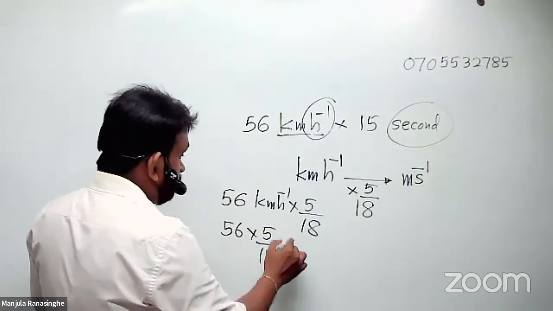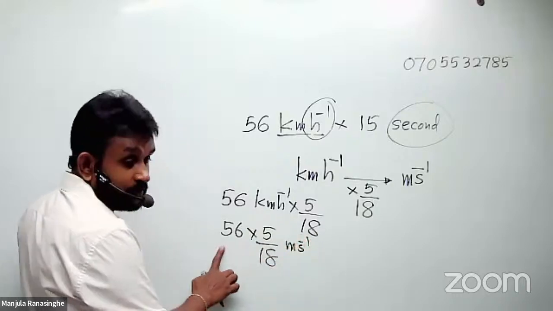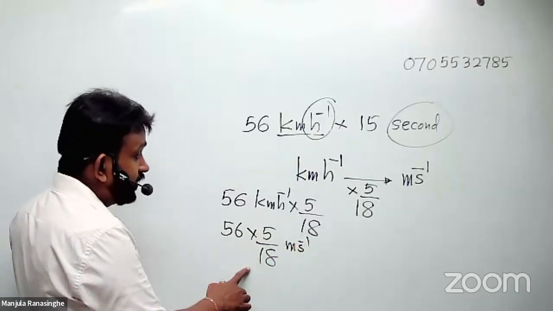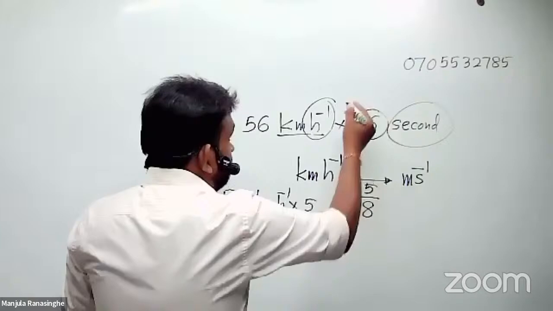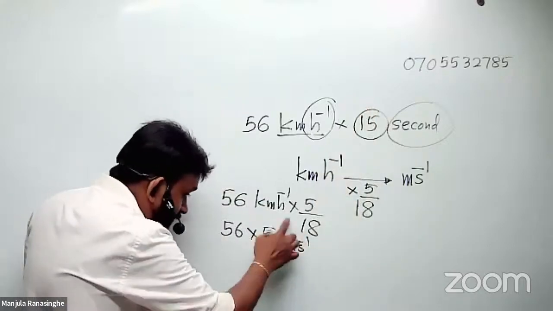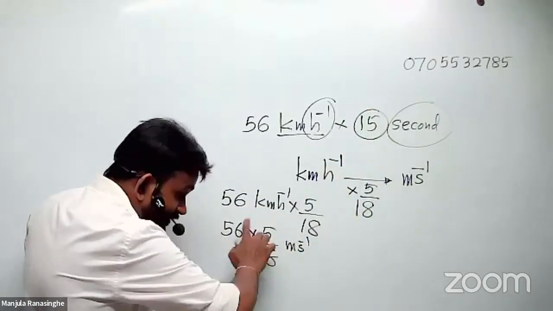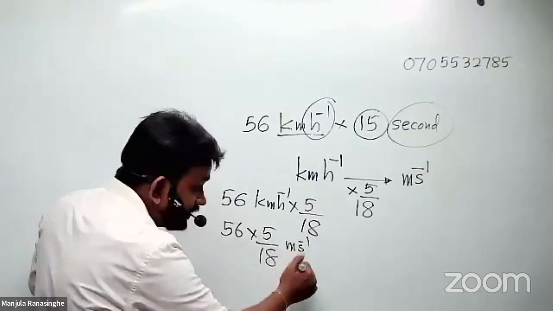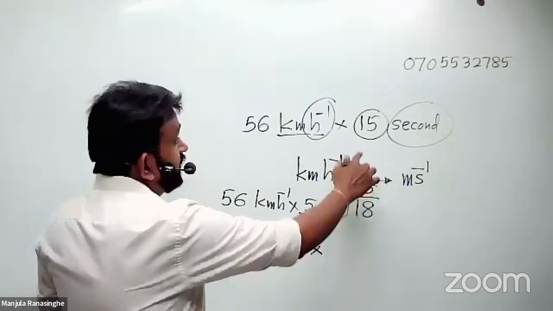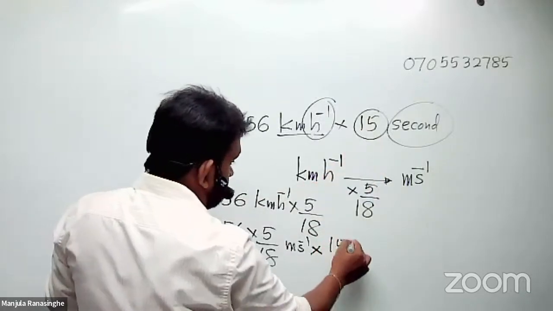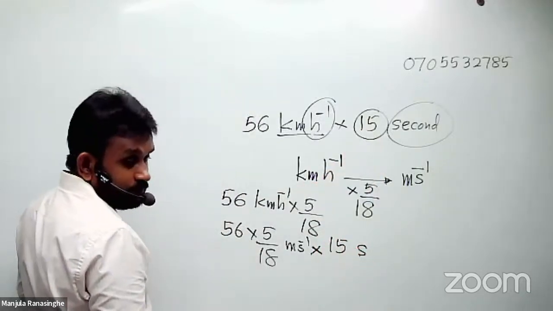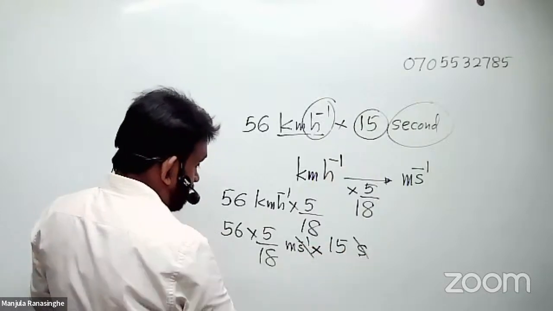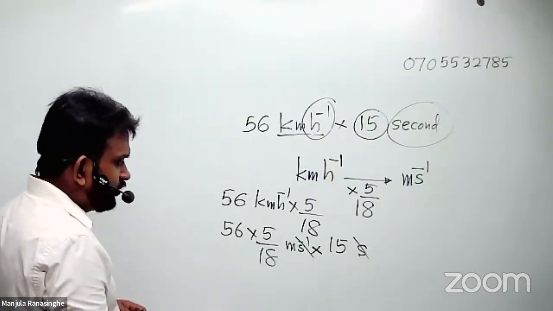Then that gives you the meter per second speed. Then what they are asking is 15 seconds, that is the distance traveled in seconds. Then with meter per second, you have to multiply it by the time 15. Now you can multiply with seconds, then s minus 1 is cancelled out, and you just have to simplify.